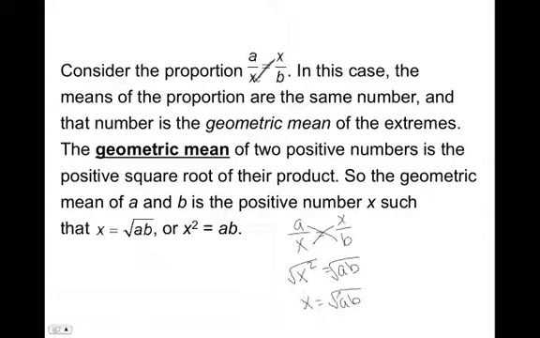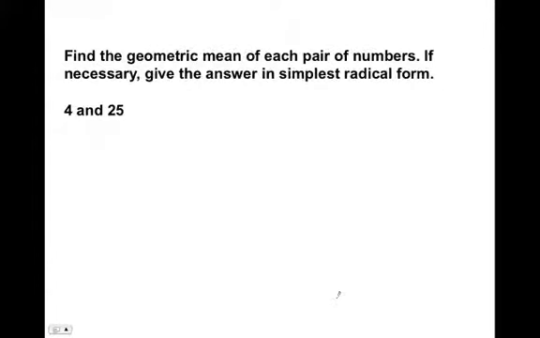So how are we going to use this? Well, first we need to practice the math part of it. So we want to find the geometric mean of 4 and 25. You can let X be the geometric mean. So let's set up our proportion. If X is the geometric mean, we need to have X on the bottom and X on the top. Because remember, it is the product of the extremes, the product of the means.